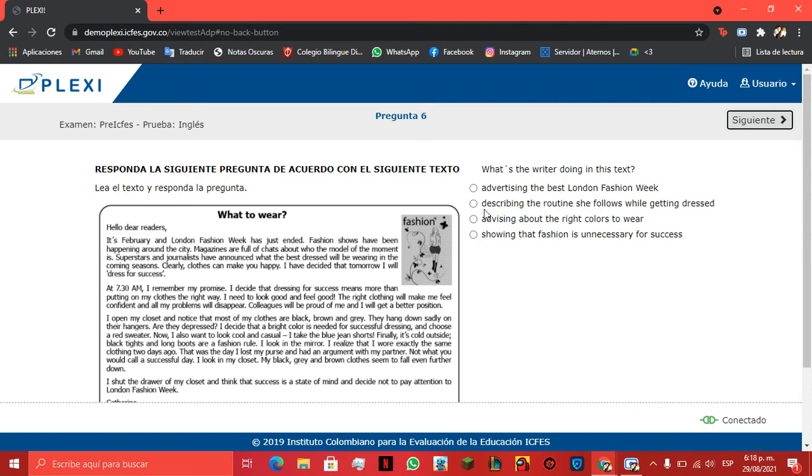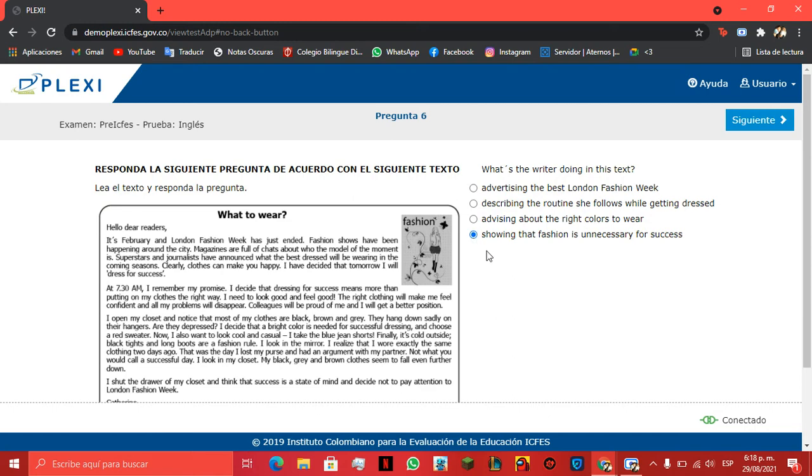Something like this is told in the text, but isn't the main topic of the text. And this one, showing that fashion is unnecessary for success, obviously this is the correct answer.